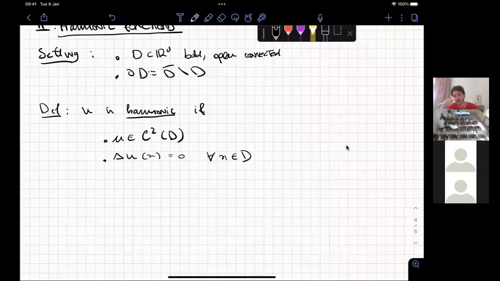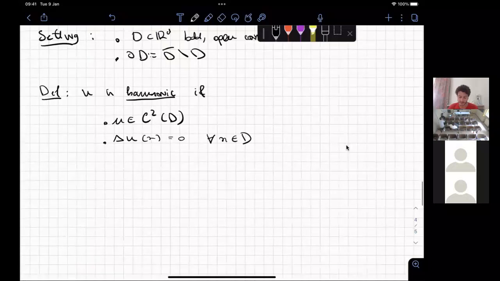So here we are looking just inside the domain, at what happens inside the domain. And this is a nice property, way easier to achieve than the property of being a solution to the Dirichlet problem.